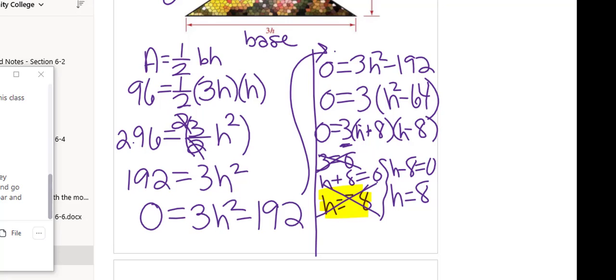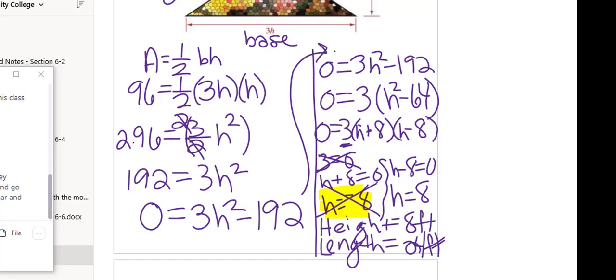So we can say for our answer, the height, which was negative 8 or 8, is 8 feet. And the length, which is 3 times the height, 3 times 8, is 24 feet. 8 feet and 24 feet.